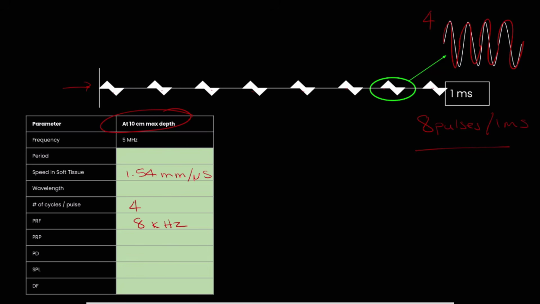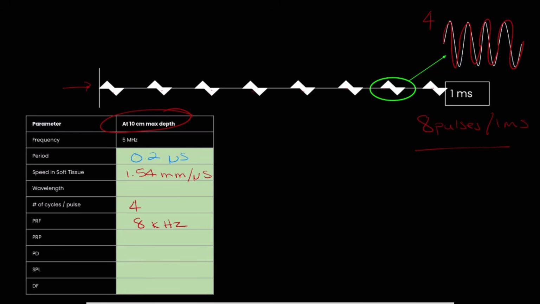Starting with period, we know that the period is the reciprocal of the frequency. If the frequency is 5 megahertz, then we just need to take 1 divided by 5, and that will give us a period of 0.2 microseconds. Next down on the list, we have wavelength, and we are told that this is traveling in soft tissue.